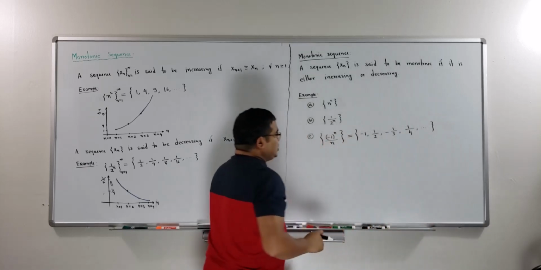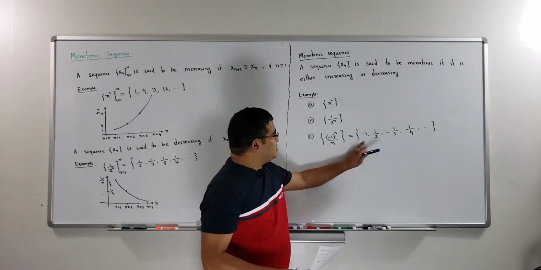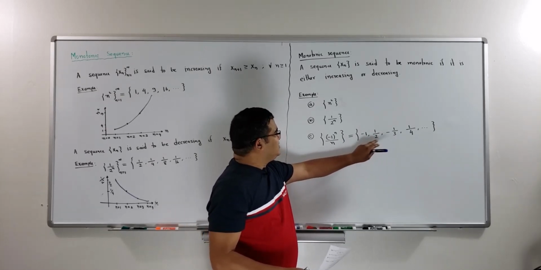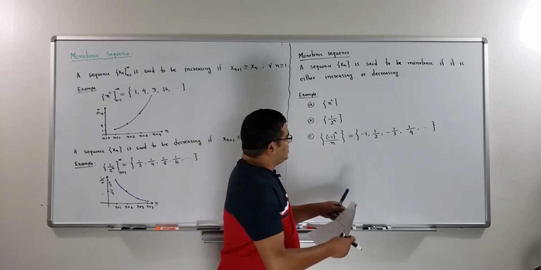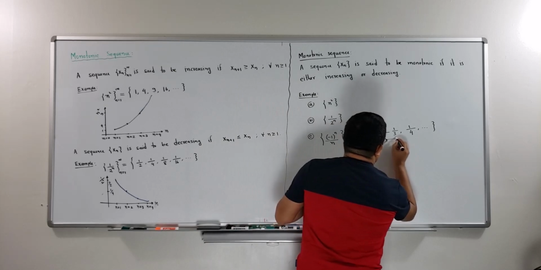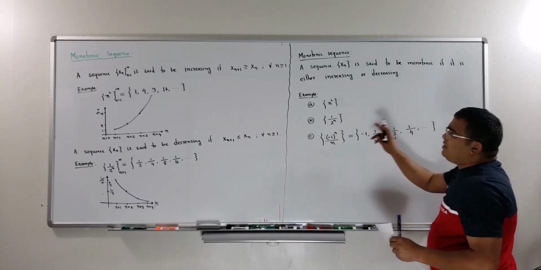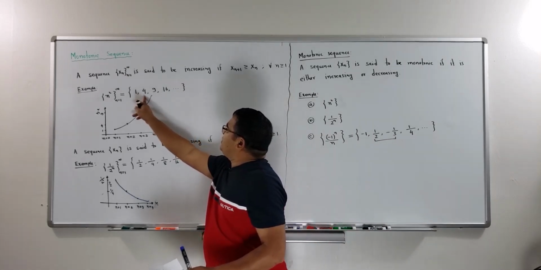If you consider the first two terms, which one is bigger? The next one is bigger, so you can think this is increasing, but actually not. If you now compare the next two terms, then this one is bigger, not that one. To be an increasing sequence, the next term should be bigger than the previous one.